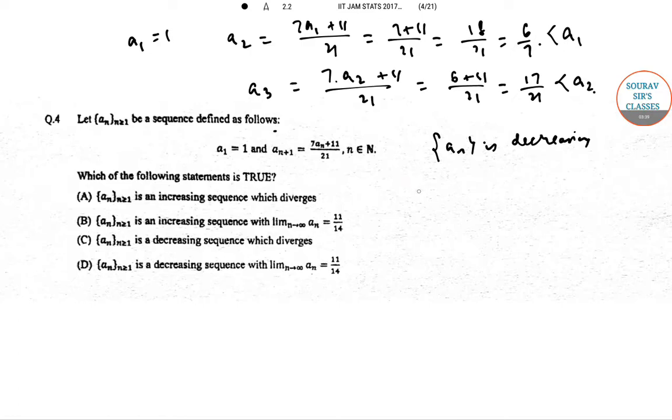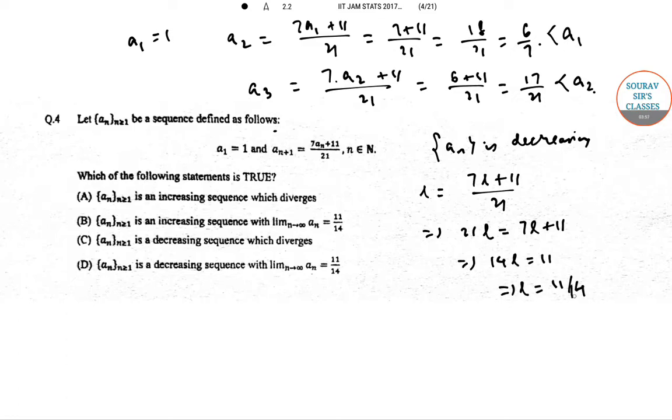So we can say that L is equal to (7L plus 11) by 21, or 21L is equal to 7L plus 11, or 14L is equal to 11, so L is equal to 11 by 14. So the correct option is option D. an is a decreasing sequence with limit n tending to infinity an is equal to 11 by 14.